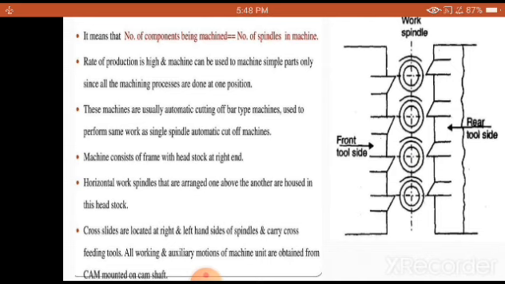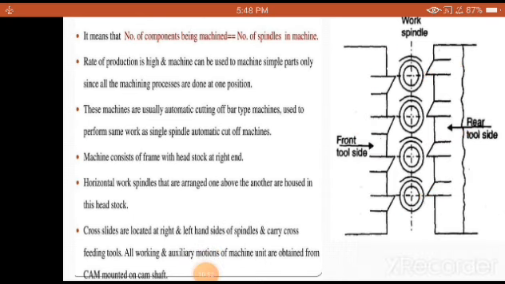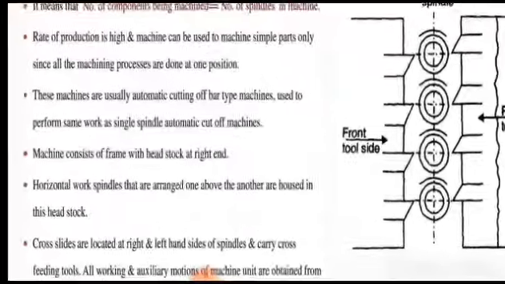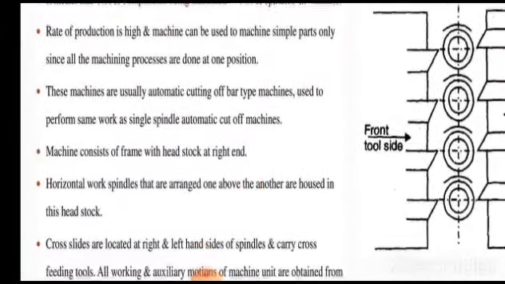The type of operation performed is not a complicated one, and the job produced is not complicated, but it is possible to go for mass production of identical jobs depending upon the number of spindles present in a machine. Now here in the sketch I have shown 4 spindles. You can go for 6, 8, depending upon the capacity of the machine. We are showing only the simple working principle here.